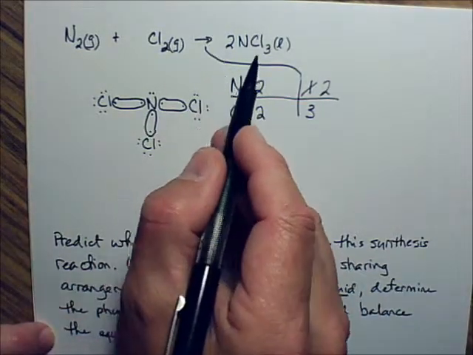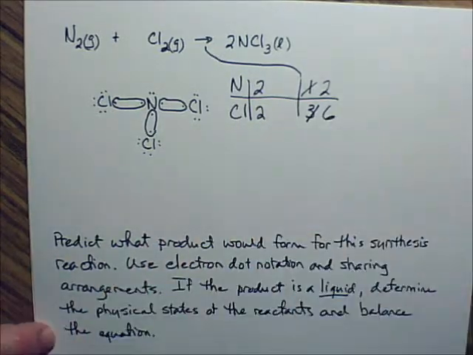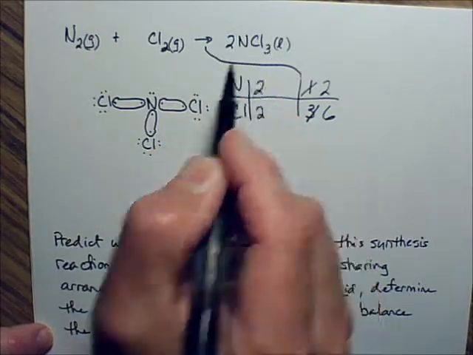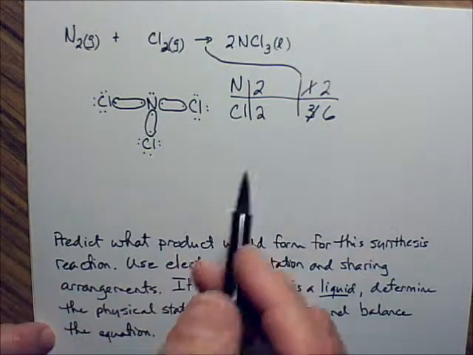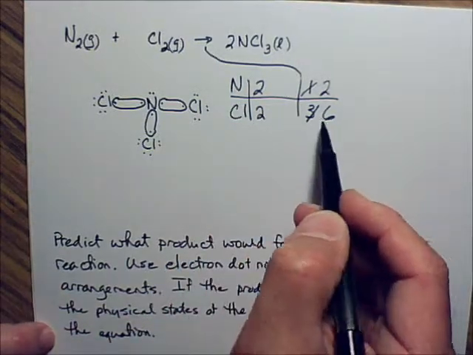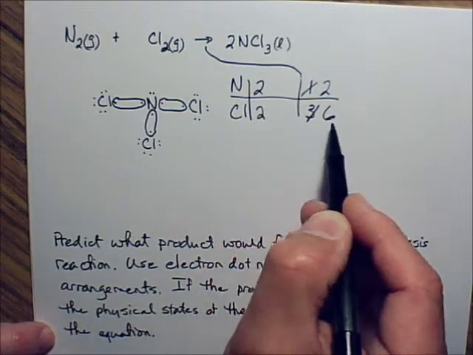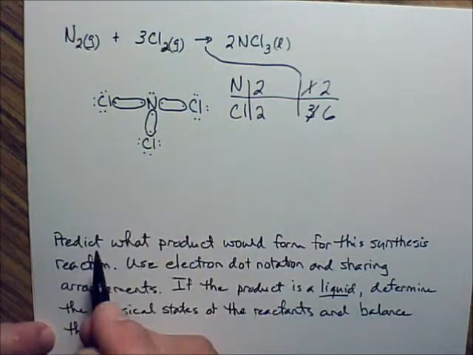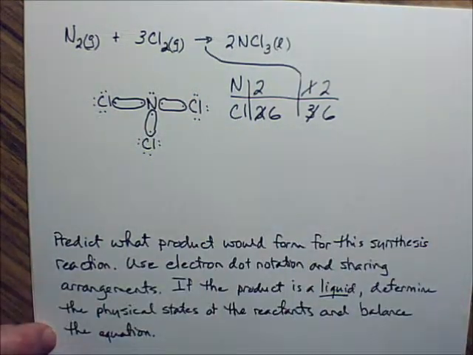But I also have 2 times 3 or 6 chlorines, because that coefficient 2 applies to everything in that formula. Now we've got to go back on the other side and show that in order to get this chlorine up to that same number, 6, I need a 3 here. So that'll give me 6 chlorines and the equation's balanced.